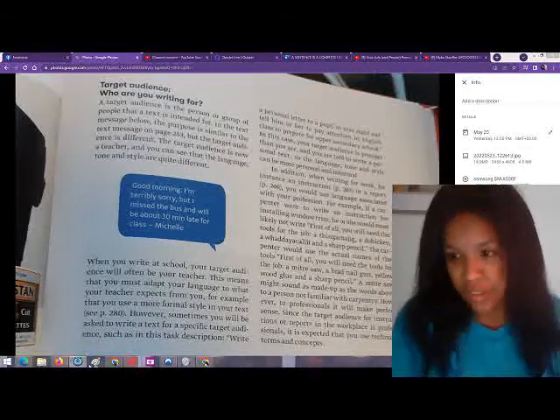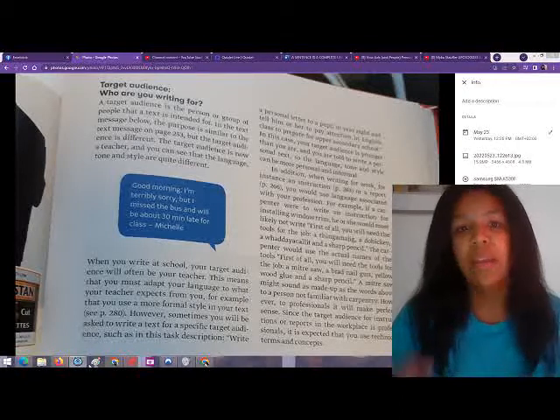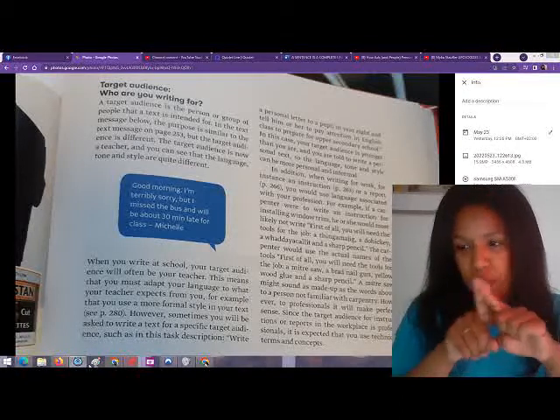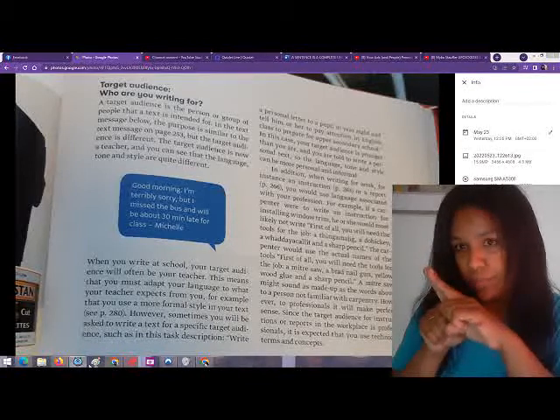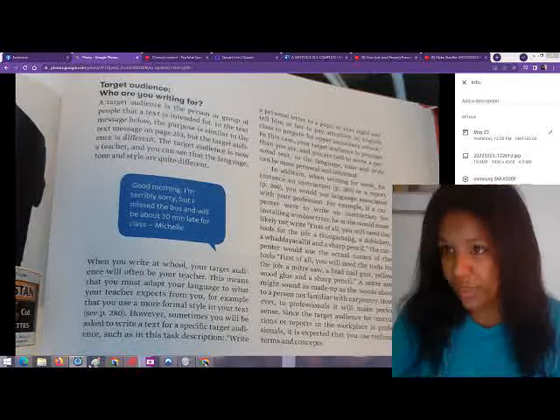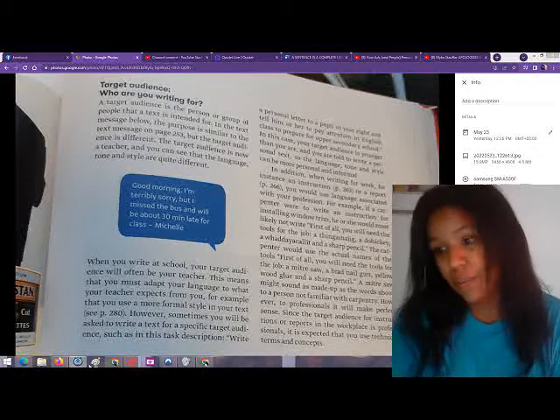So just to make sure that everybody knows what they're supposed to do, read all of those pages and write a summary about this page that's right there, right now. Target audience, who are you writing for? Write a short summary. One paragraph is enough for this.